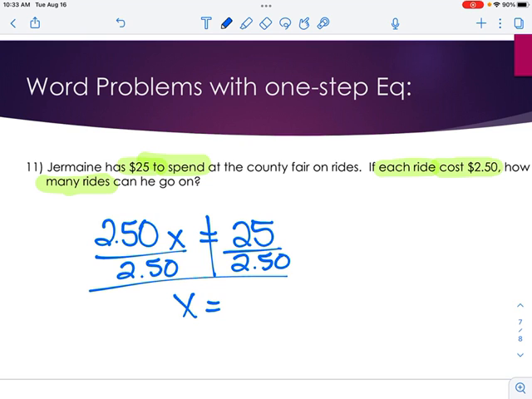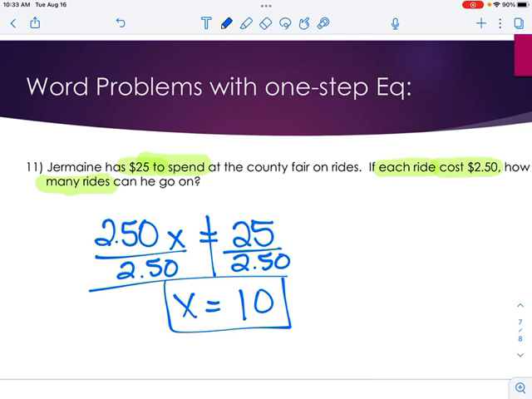And then at that point, I'm going to say, okay, how many rides can they go on? So I'm going to divide that out. So we're just simply going to take 25 divided by 2.5, and we end up with 10.